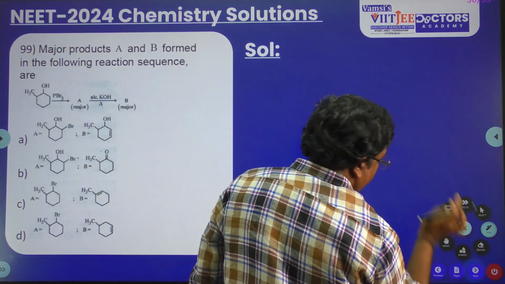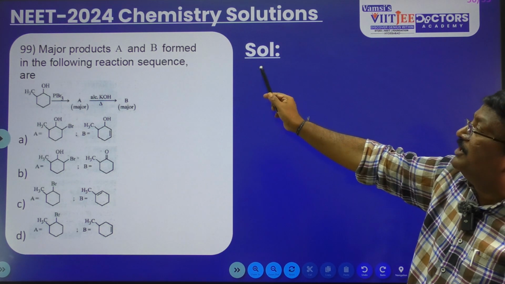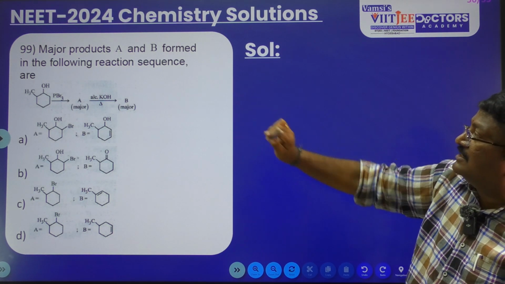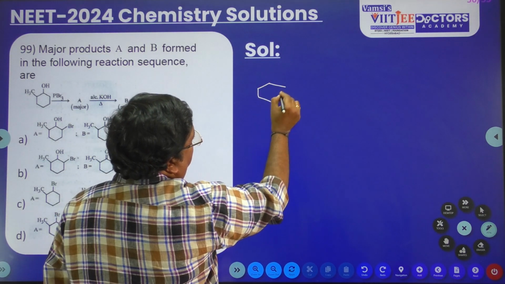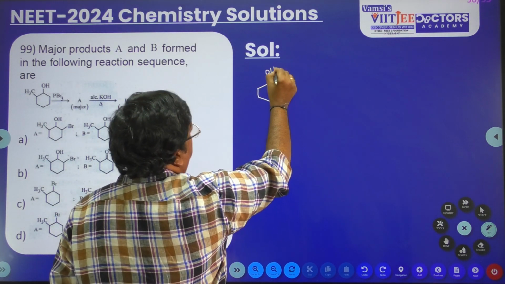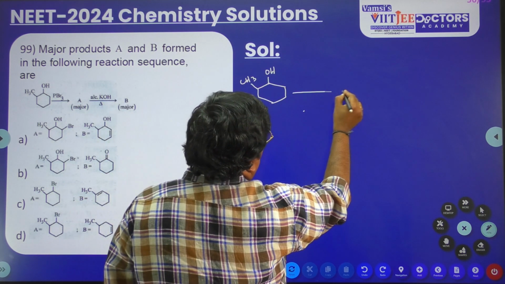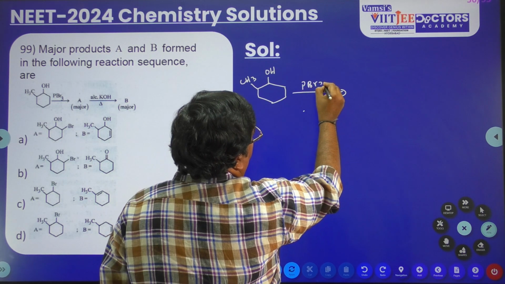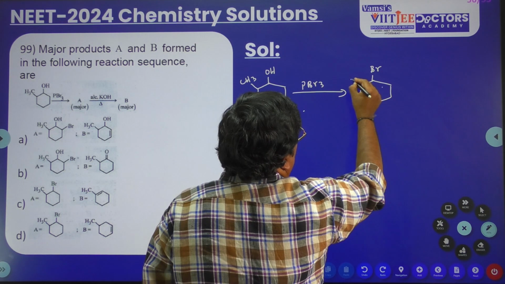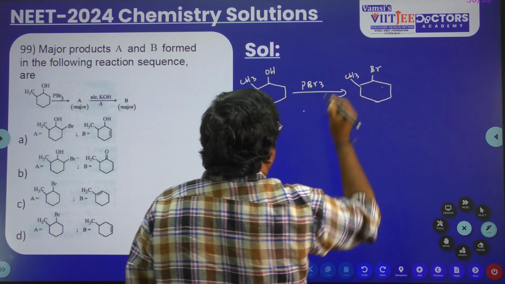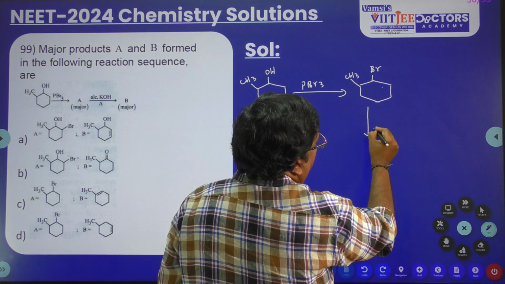And next, question 99. Major products A and B form in the following reaction sequence. The reactant given is the alcohol with OH and CH3, and PBr3 is given, so we get the bromide. Later, alcoholic KOH, nothing but beta elimination.